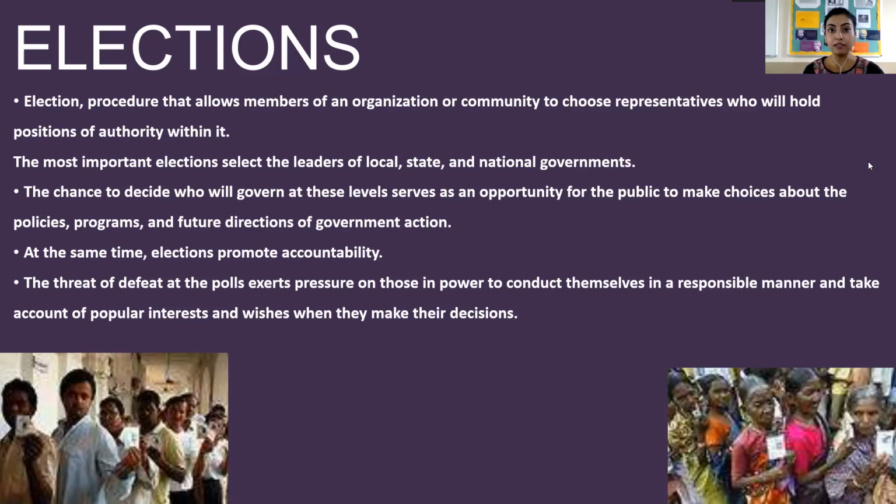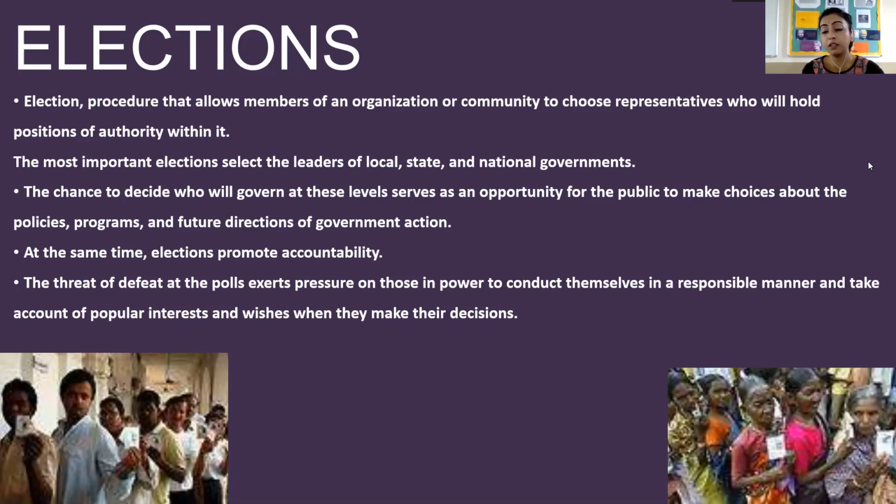Now, once we vote, the leaders are also equally accountable. Accountable means the leaders will be answerable. Before elections, campaigning takes place and the political leaders make certain promises, right? If you vote for me, I will do this, I will do that. So once we vote for that person, if that political leader is not sticking to his promises, that person will be answerable.